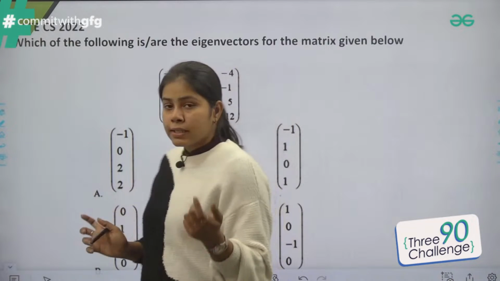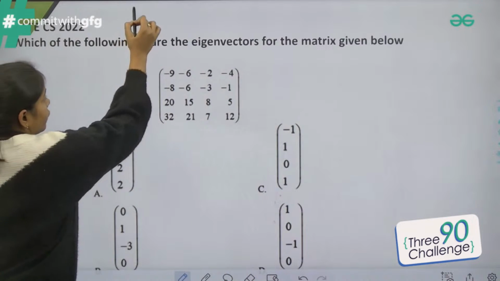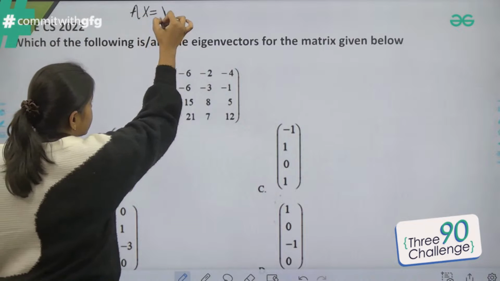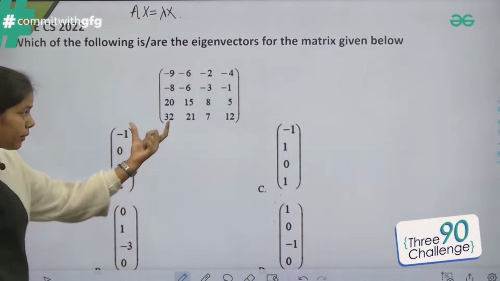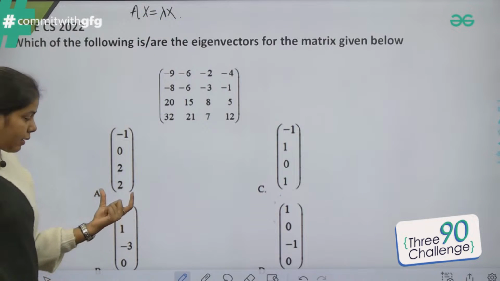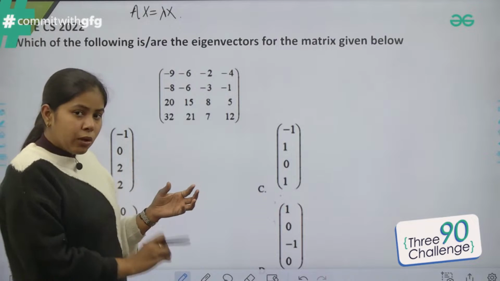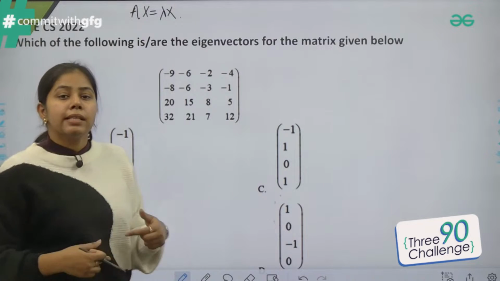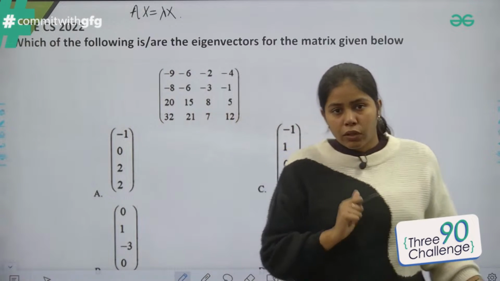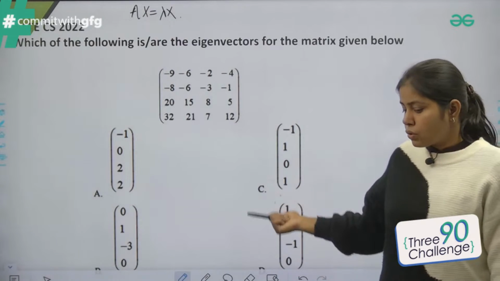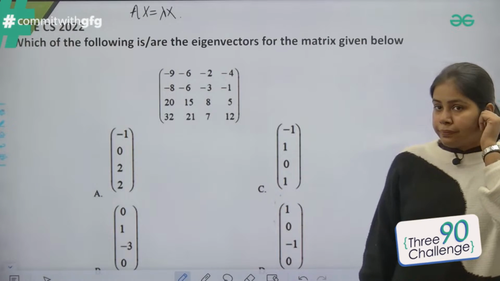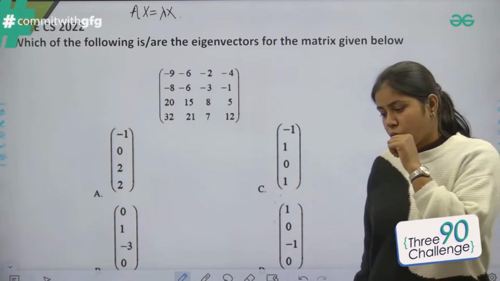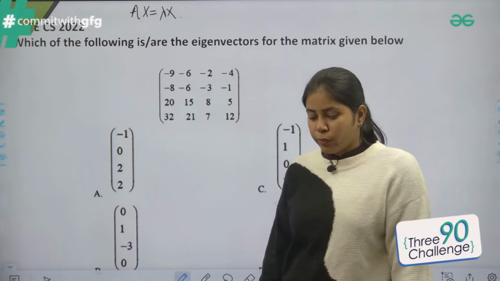I know the definition of an eigenvector: Ax equals lambda x. So if I multiply A with this vector, and after taking something common I'm again getting this vector, then I'll say that it's an eigenvector. Otherwise, it's not an eigenvector. So let's do it. Solve it, guys, and let me know what the answer would be here.